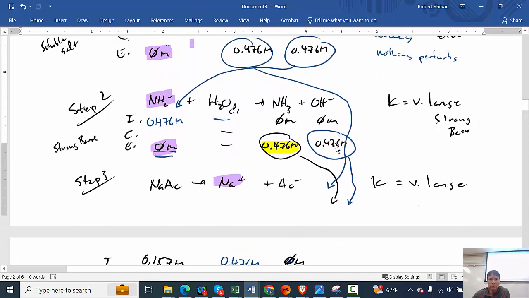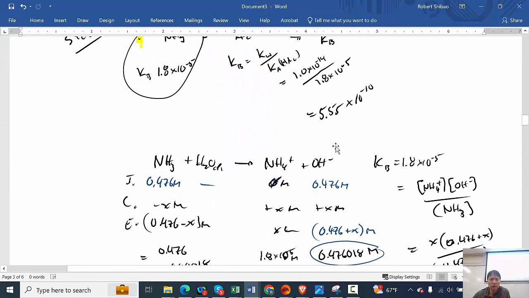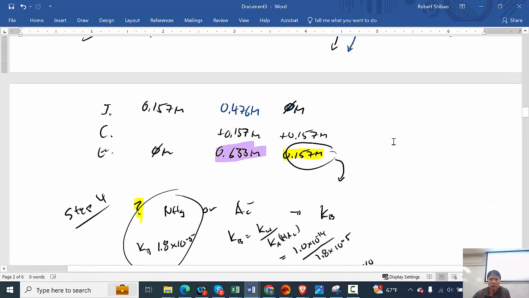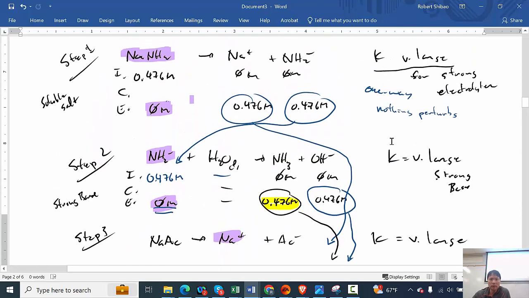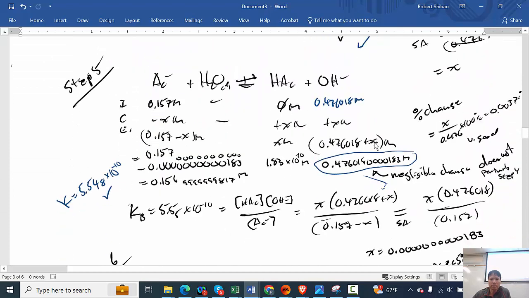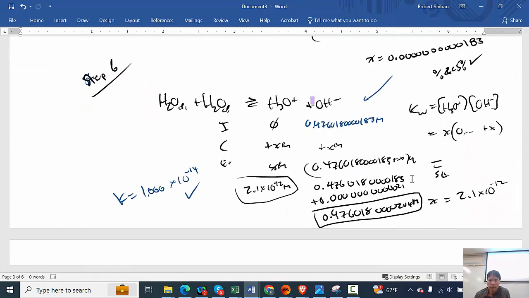Our ammonia continues down here. And so the ammonia concentration ends up at that. Hydroxide gets carried down all the way to the bottom. So this will be our hydroxide concentration.